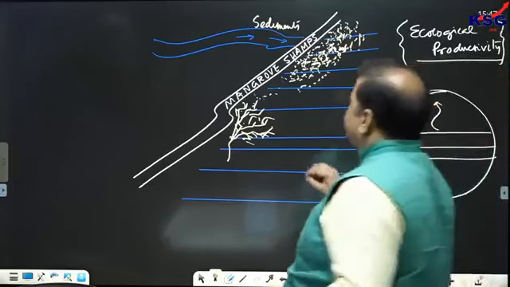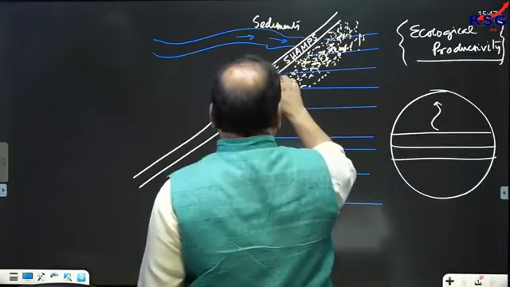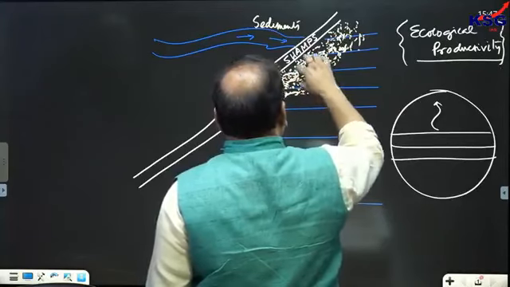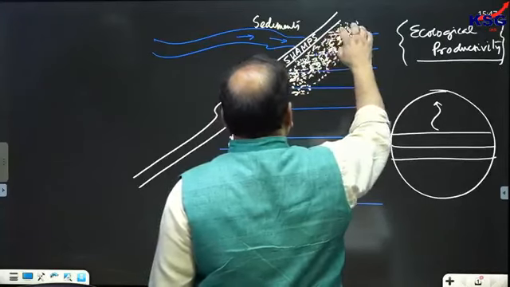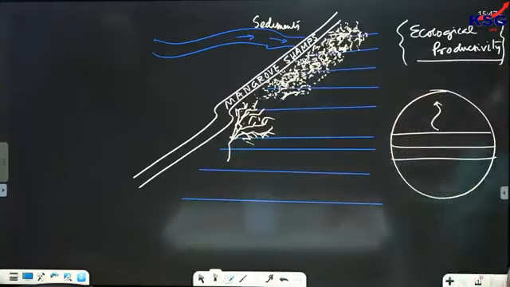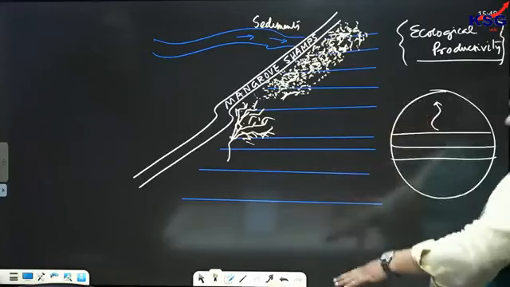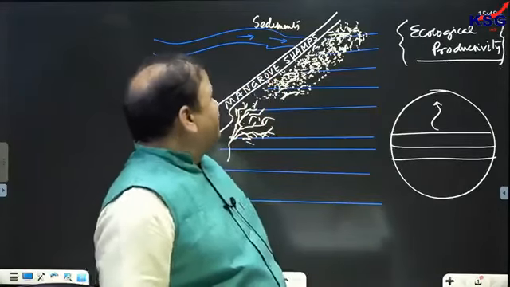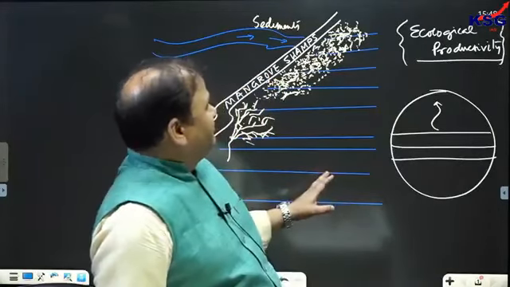And not only this, corals are also present, and corals are in a symbiotic relationship with zooxanthellae, which is responsible for enhancing ecological productivity. So that's the other reason. At least today, the definition, and this much should be done.